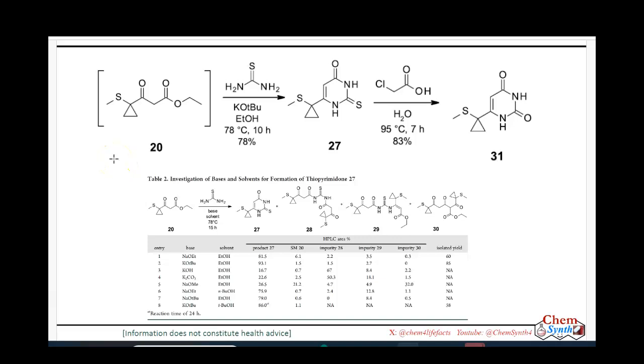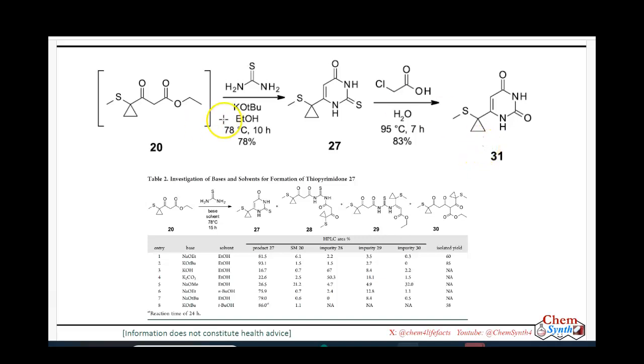Now, to convert this intermediate into this pyrimidone, they first reacted it with urea in the presence of base, but they got this pyrimidone with very low yield.